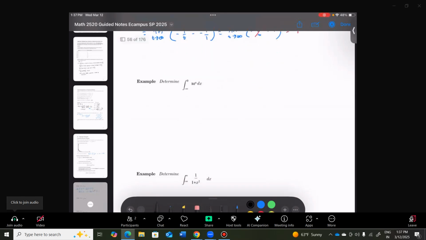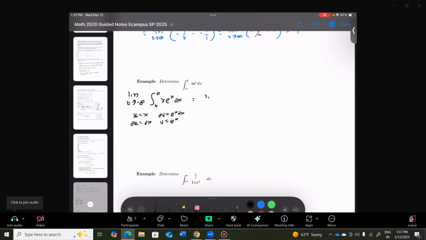Let's say we have the integral from negative infinity to 0 of x e to the x dx. We'll write this as the limit as t goes to negative infinity of the integral from t to 0 of x e to the x dx. Now we have to do integration by parts, so we'll let u equal x, so du equals dx, and dv equals e to the x dx, so v equals e to the x.